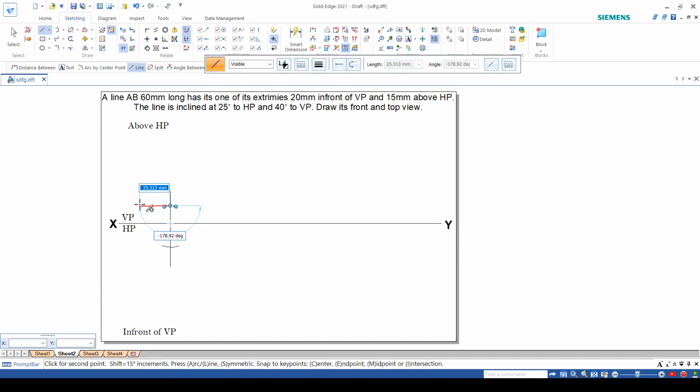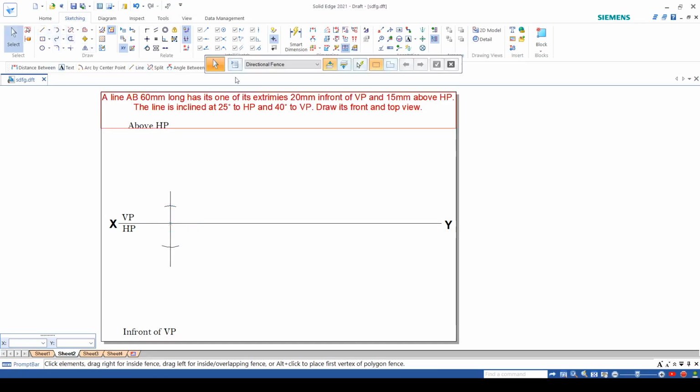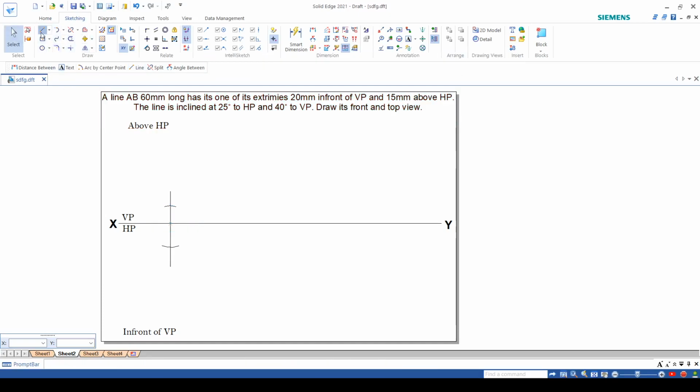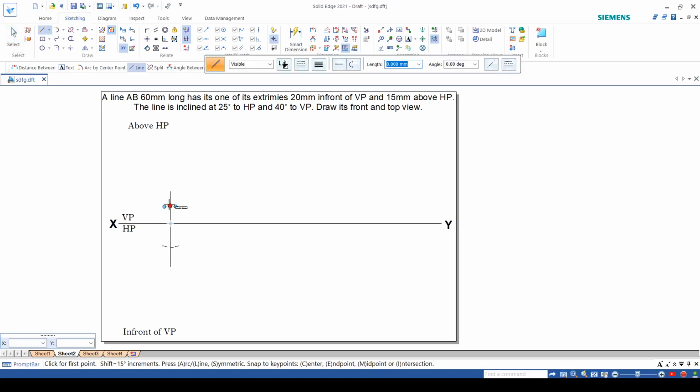I have made a mistake. Actually, not a mistake. I have to mark the perpendicular line on both sides. Mark 90 degrees from the projector. Then just mark it.